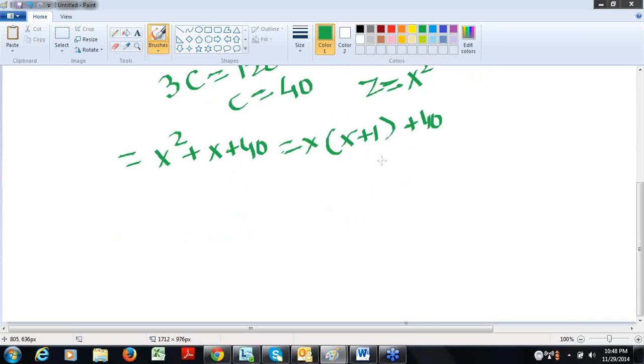Now the value given in the option. So now consider the values that have been given in the options. So x is a natural number. So consider each value in the option and subtract the 40 from it.